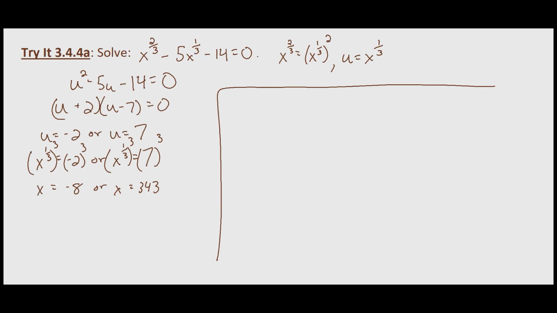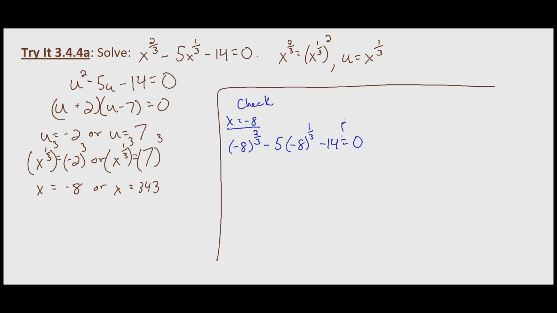First, with x equals negative 8, is negative 8 to the 2/3 minus 5 times negative 8 to the 1/3 minus 14 equal to 0?